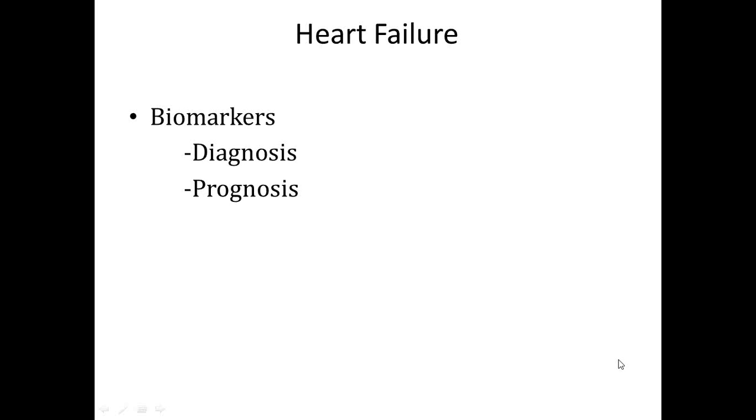And then we introduced the staging of heart failure. It's important to understand the staging. It's relatively new, and we had mentioned that stage A and stage B patients are asymptomatic.